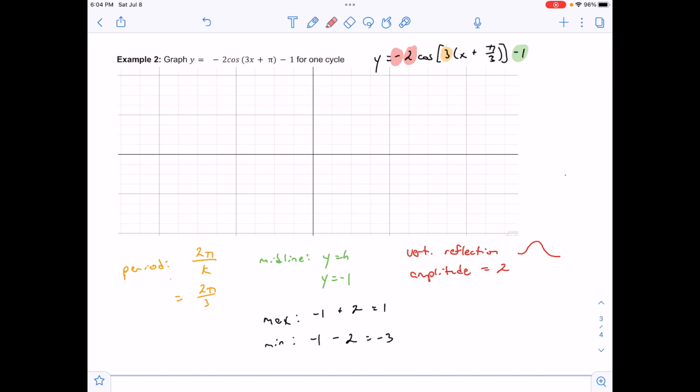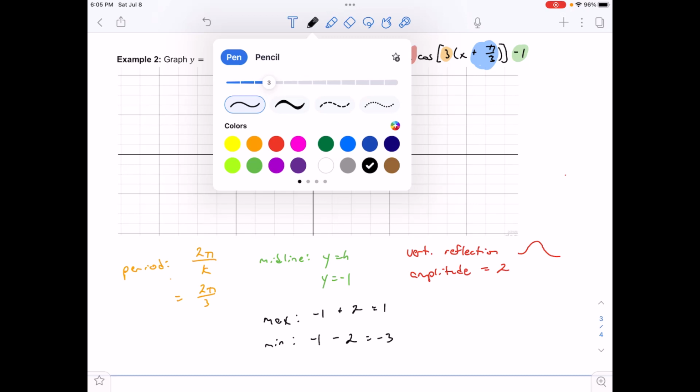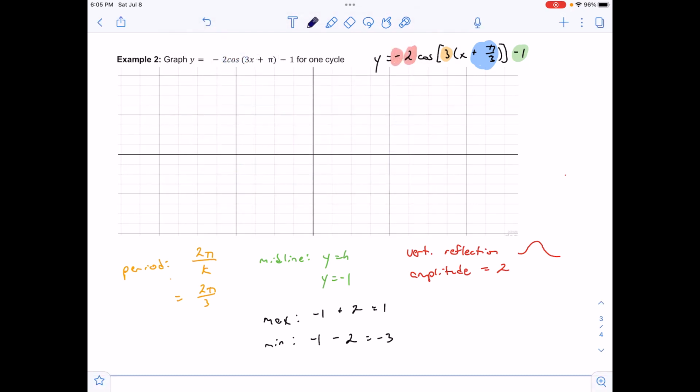We have a horizontal shift here of -π/3, and our period is 2π/3. So the total distance traveled, the horizontal span that I need my graph to go, we're going to start at -π/3, but then go over 2π/3.